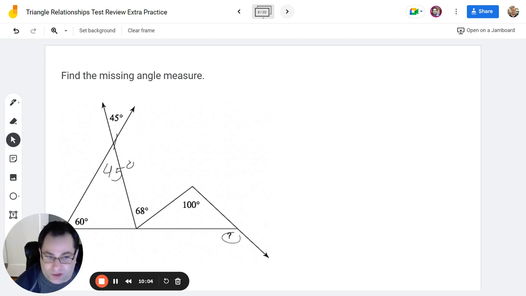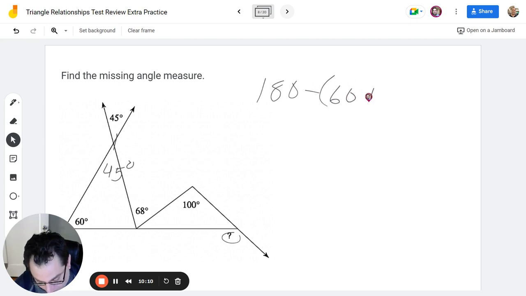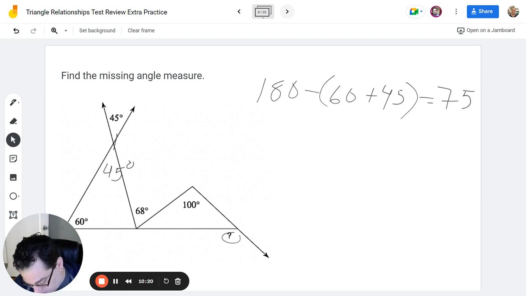We can find the third angle by doing 180 minus 60 plus 45, and that is equal to 75. So we know that this right here is 75 degrees. And now here we can see that these three angles form a line, right?